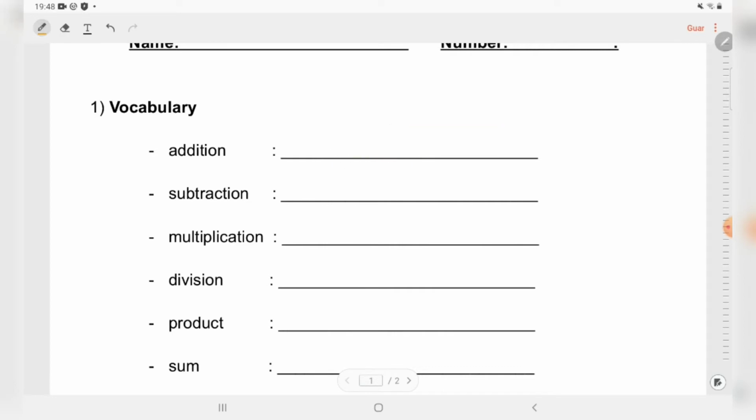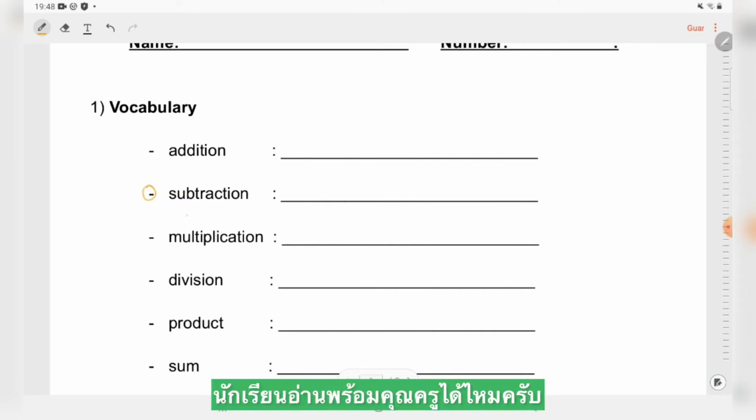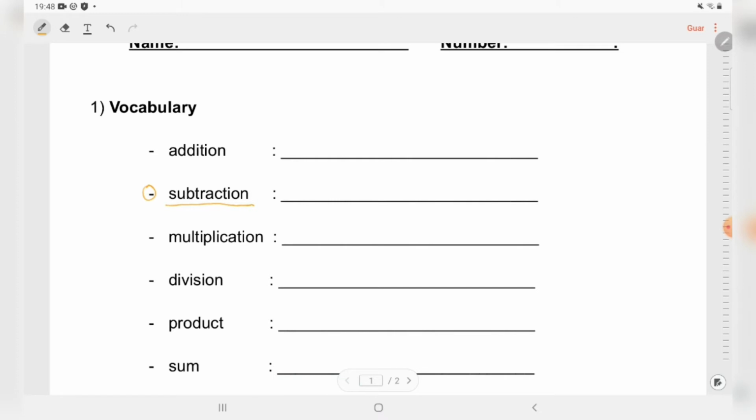Word number 2. Can you read with me, please? Subtraction. Okay, well done. So here we have to do the same. We have to fill the gap here, writing in Thai the correct meaning of this word.